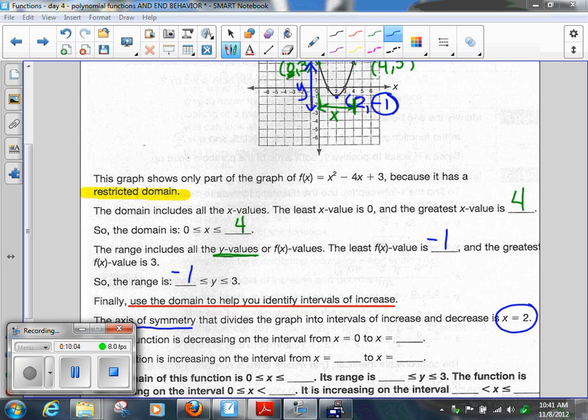Where it crosses the x-axis, but it crosses the x-axis at 1 and 3. Ooh, but the vertex. What does the vertex do? What is the axis of symmetry? It splits it straight down the middle, so if we were able to fold it like a sheet of paper and open it up.